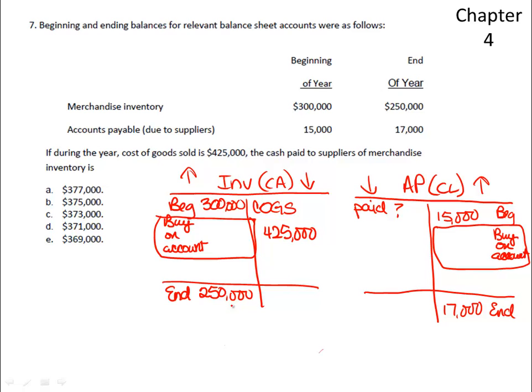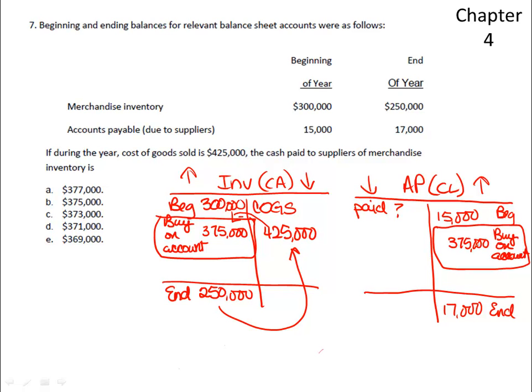So what we're going to do is reverse signs. So ending inventory plus cost of goods sold minus $300,000 beginning inventory will give you the amount of inventory you bought on account, and that happens to be $375,000.